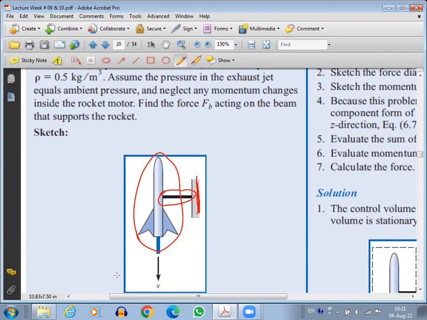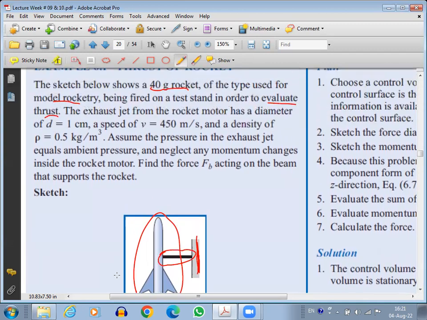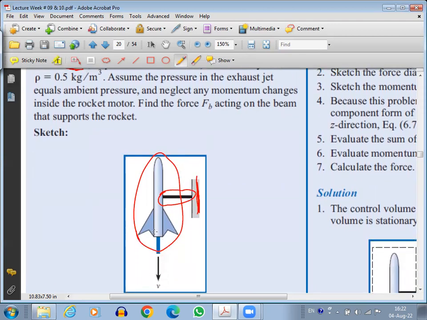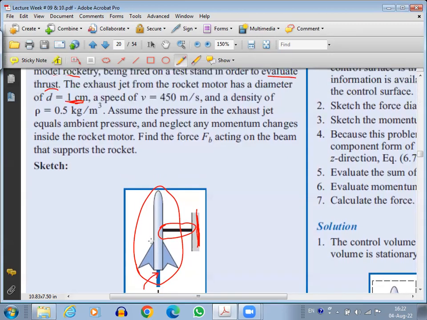So we have a 40-gram rocket used for model rocketry being fired on a test stand. A test stand means a laboratory setup, in order to evaluate thrust. The exhaust jet from the rocket motor has a diameter of 1 centimeter, a speed of 450 meters per second, and a density of 0.5 kg per meter cube.